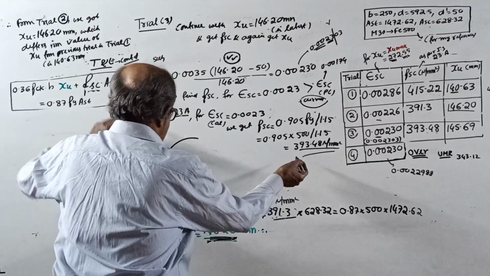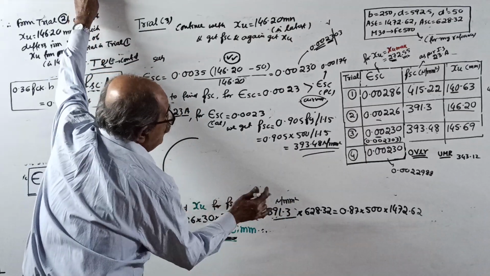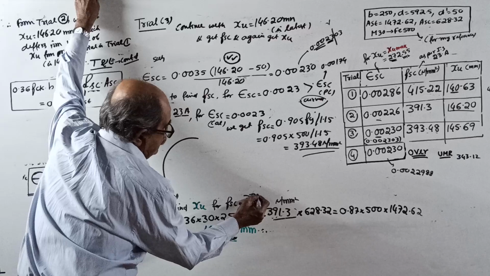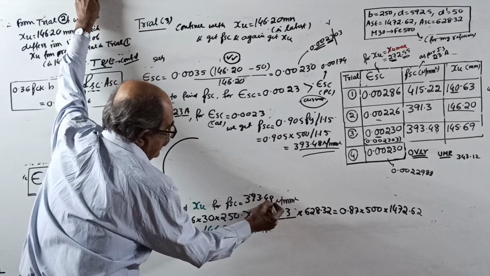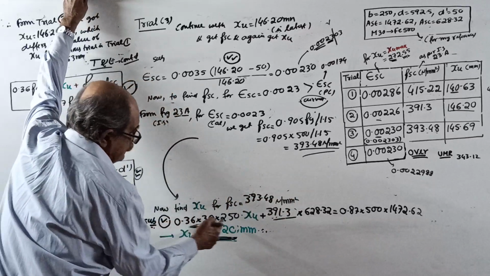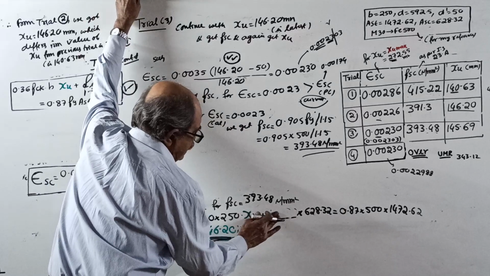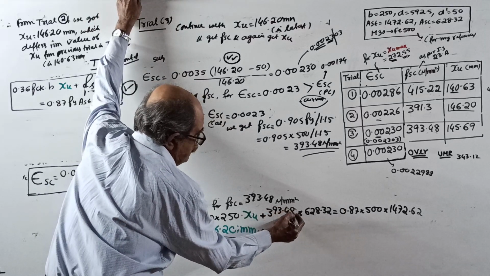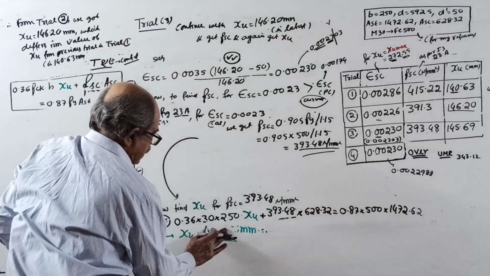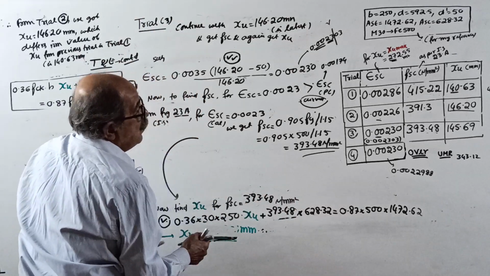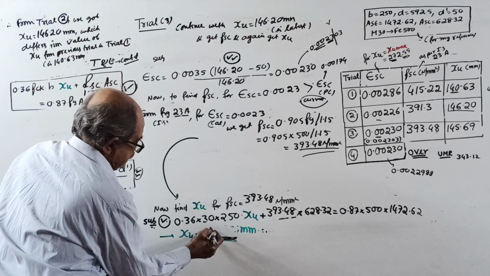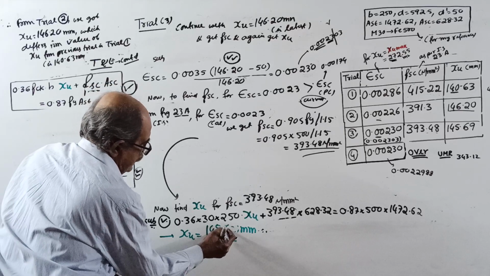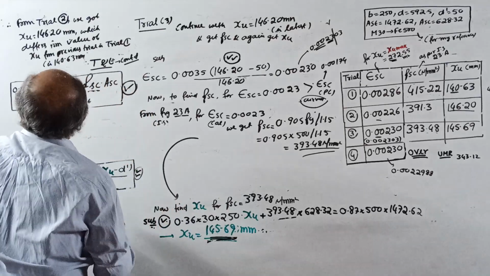Now substituting xu equal to 393.48 Newton per mm square. Same thing here, 393.48. You should not do it this way, write everything. Your xu will come 145.69 millimeter.